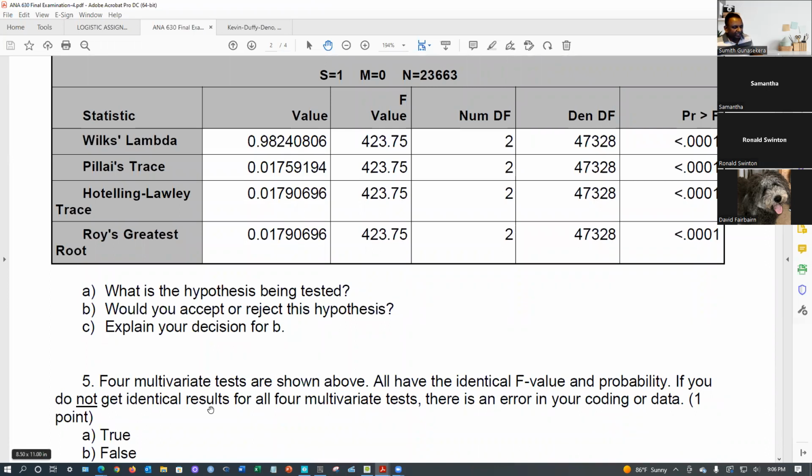If you do not get identical results for all four multivariate tests, there is an error in your coding.